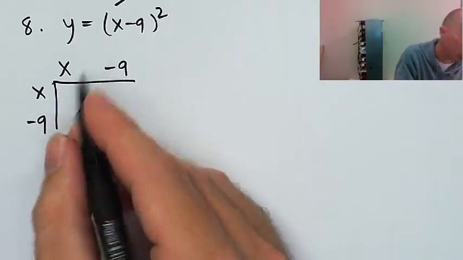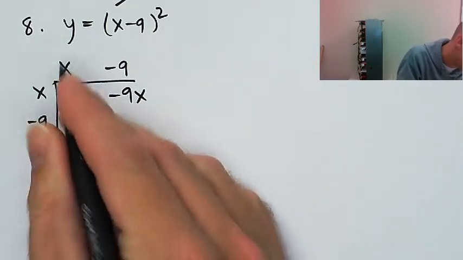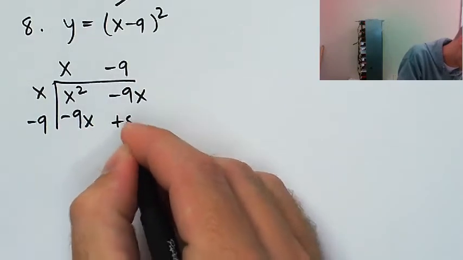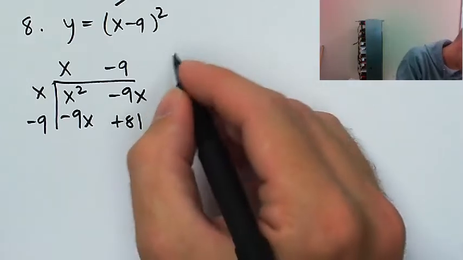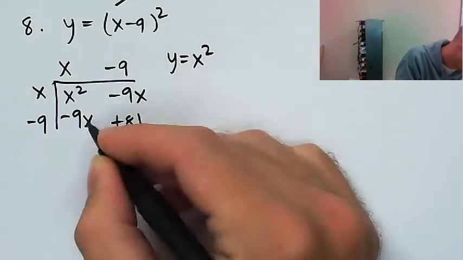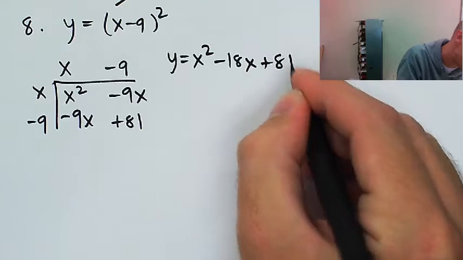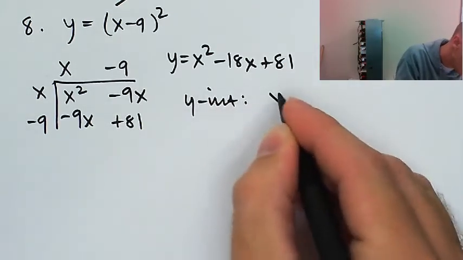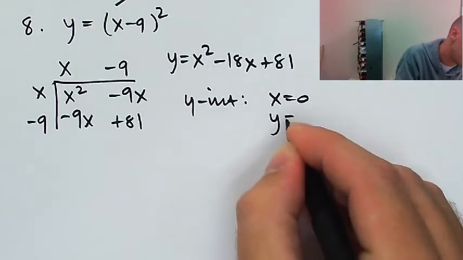I'll multiply x by x, I'm going to get x squared, negative 9x, another negative 9x, and negative 9 times negative 9 is positive 81. So I'm going to have x squared, negative 18x, positive 81. So that y-intercept is going to be x equals 0, and when I plug in x equals 0, I'm going to get y equals 81.